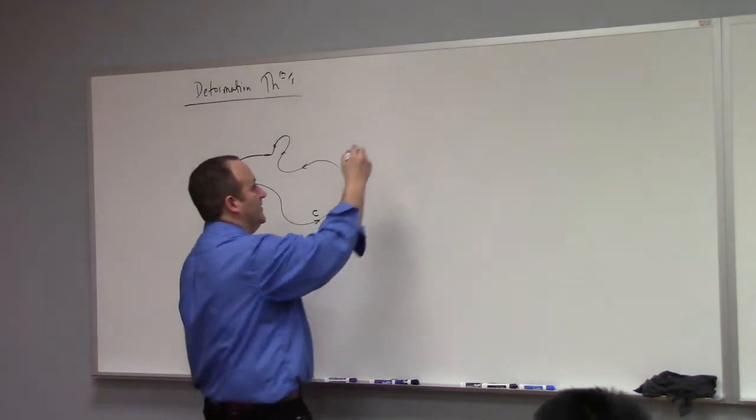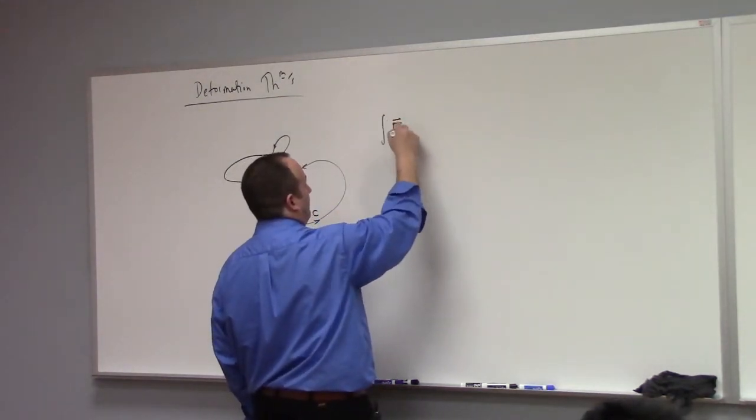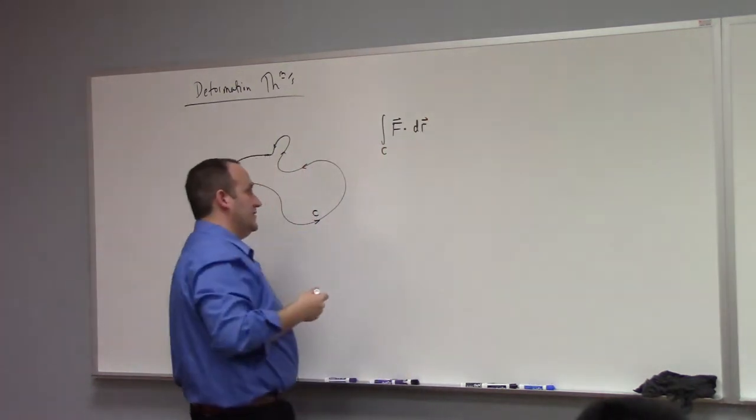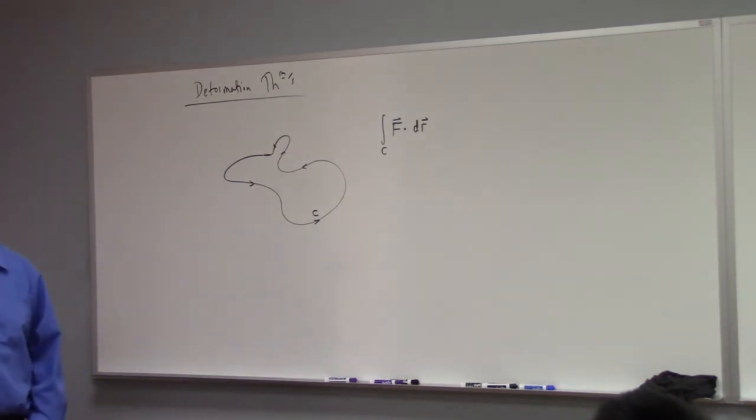and you can talk about the integral of a vector field along the curve, right? This would describe the work done by the force field as you travel along the curve, or you could also refer to it as the circulation. It describes how the vector field's lining up with the path, and it gives you a measure of that.